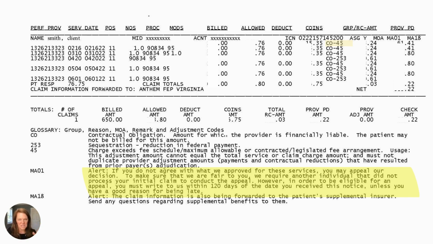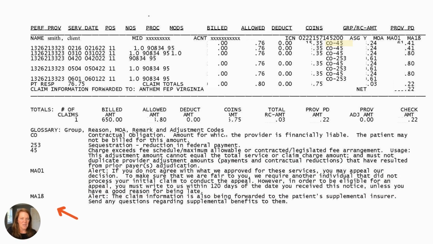They have a checks and balances system. And basically it says this is the process. In order to be eligible for an appeal, you must write to us within 120 days of the date received this notice, unless you have a good reason for it being late. So basically they're also telling you you need to file an appeal within 120 days of receiving this remittance advice if you disagree with it.